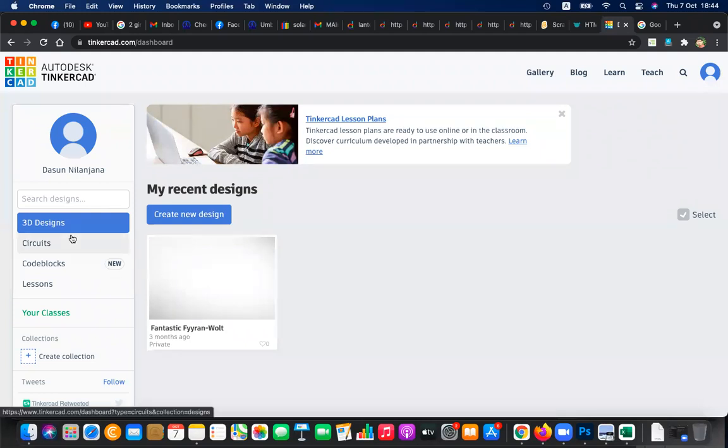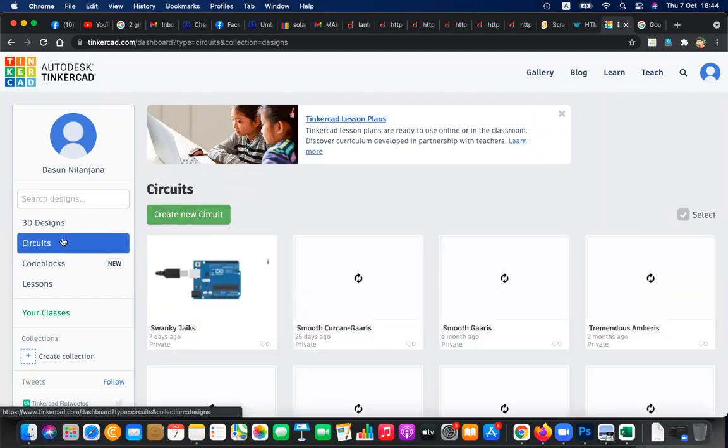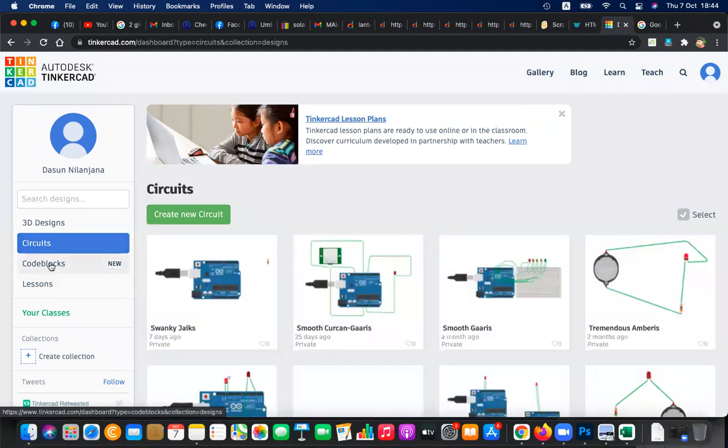Then you can go to the 3D design, or here create new design. 3D designs can be done. Digital circuits can be created, and also lesson support blocks can be created.